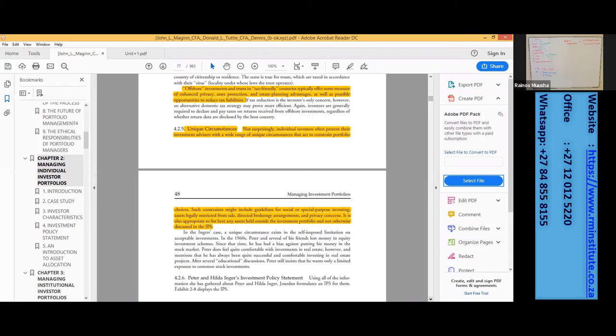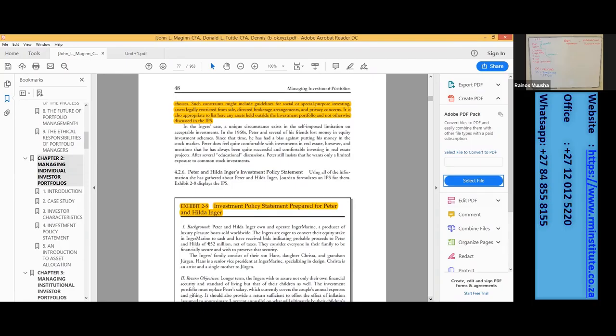So it is also appropriate to list here any asset held outside the investment portfolio and not otherwise discussed in the investment policy statement. Any other constraints which do not fall under the four above can also fall under unique circumstances.